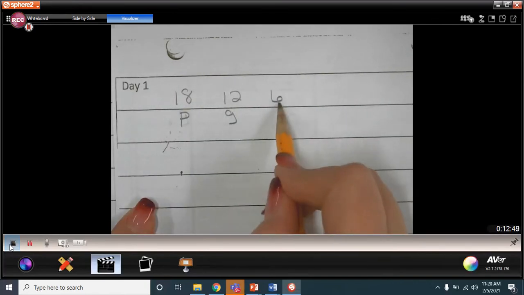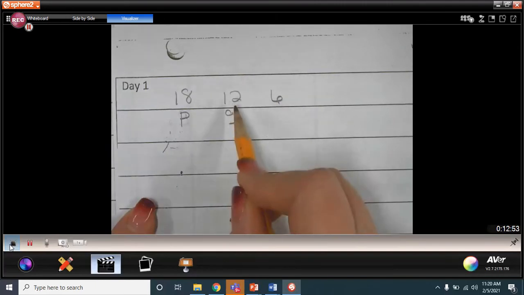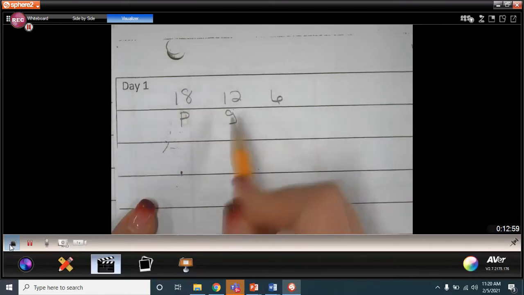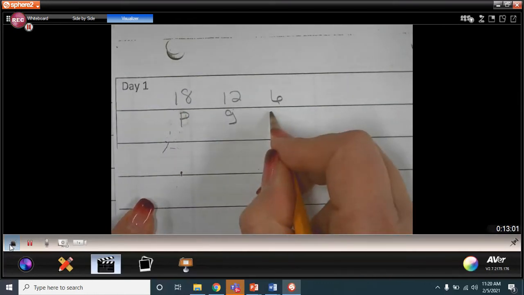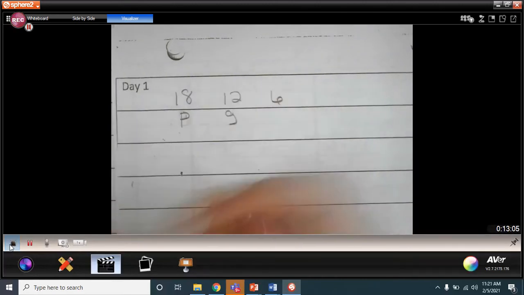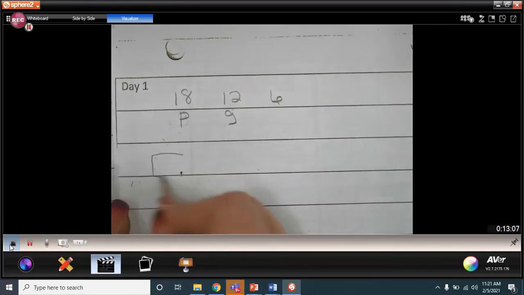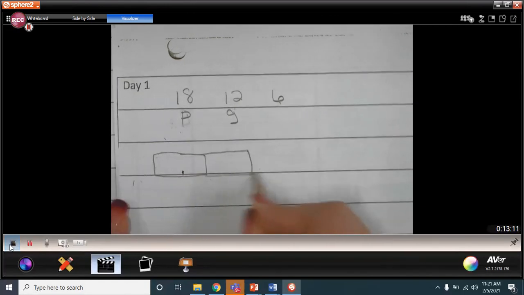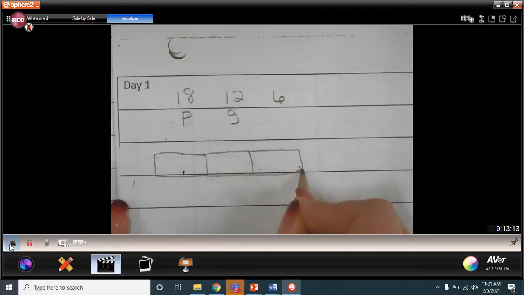Because when you count by 3s, you have 3, 6, 9, 12, 15, 18. So these happen to be all multiples of 3. So we could actually take each group of flowers and break them up into these flower pots equally. That's just one way to think about it.